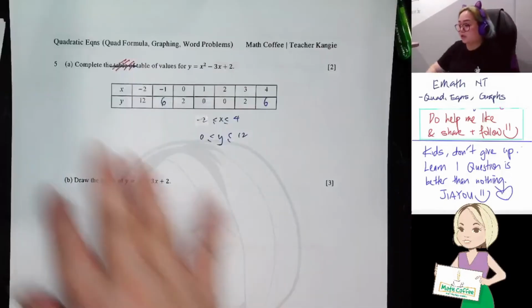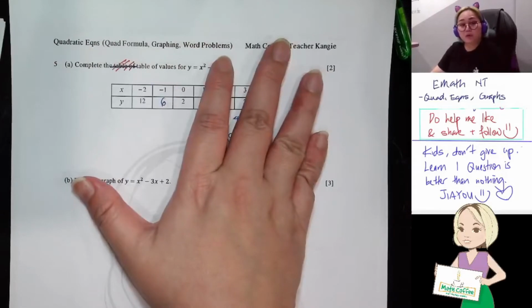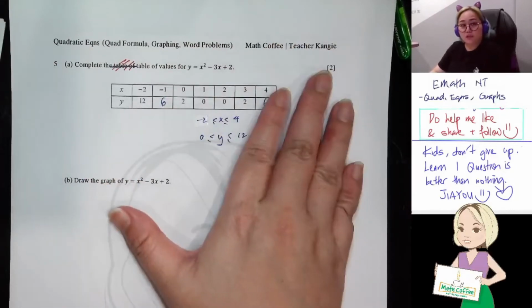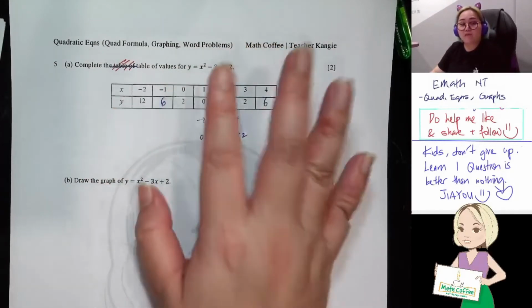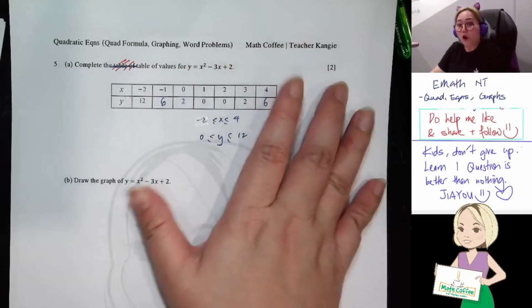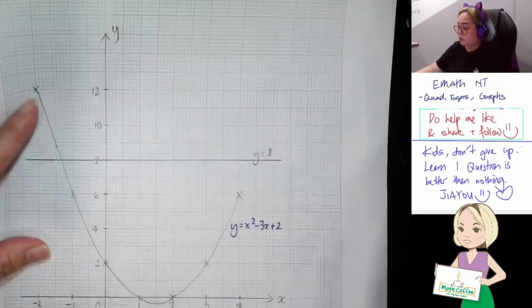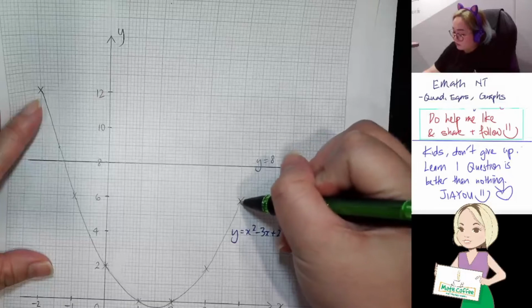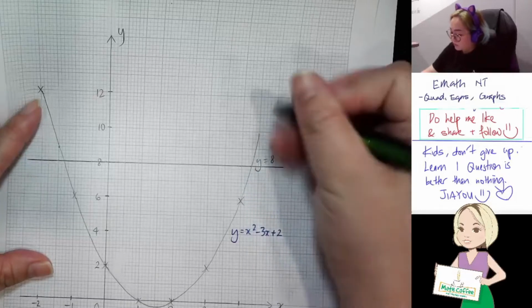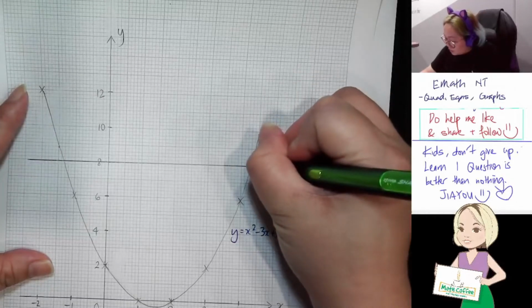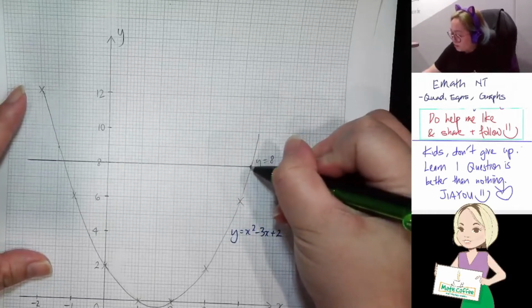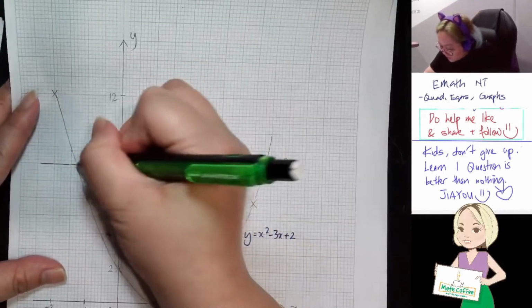But in this question, they only say complete this table, and they did not give you any range. They did not ask you to draw the graph for x from minus 2 to 4. They only ask you to complete this table and plot the graph. So in this case, we will have to extend your graph upwards so that you will be able to find this point. So I have one point here, and I have another point here.